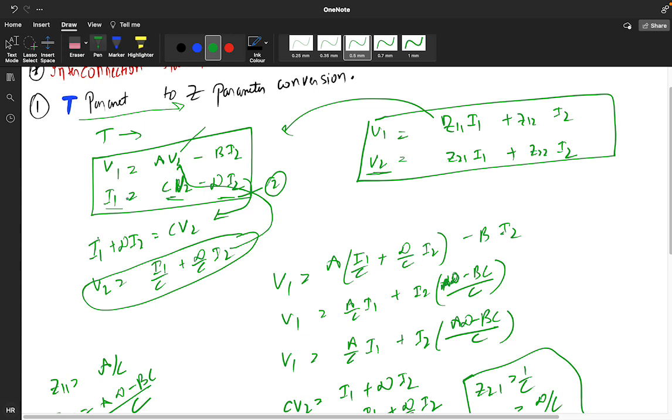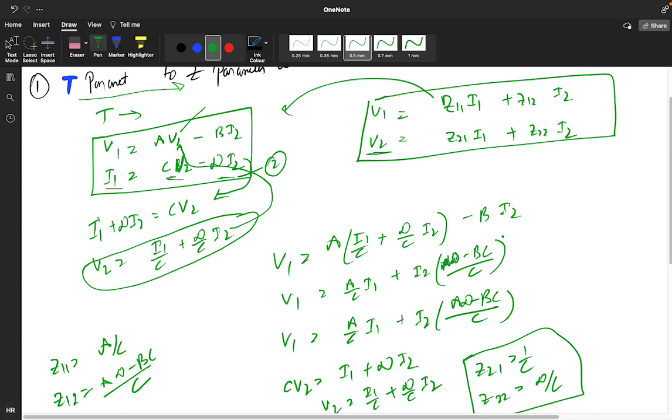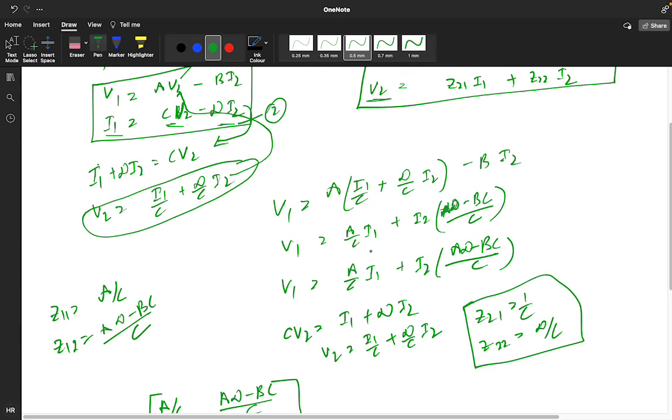Manipulate this I1 plus DI2 divided by this; minus DI2 will go to the left hand side and you will get the value of V2, that is I1 by C plus D by C I2. Put the value in the first equation. So you will get V1 is equal to A into I1 by C plus D by C into I2 minus B I2. And after solving this, you get one result like this: A by C I1 plus I2 times AD minus BC by C.